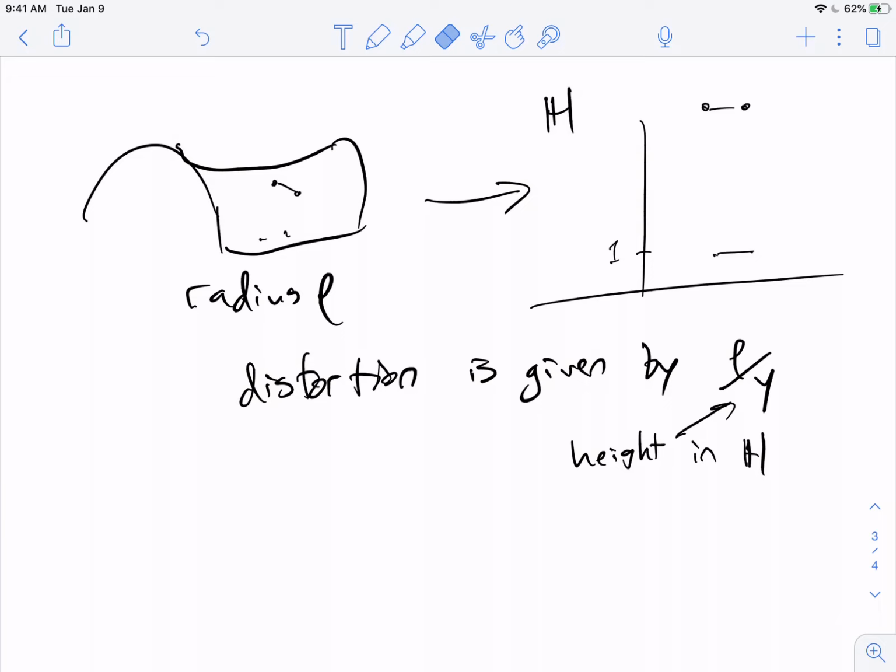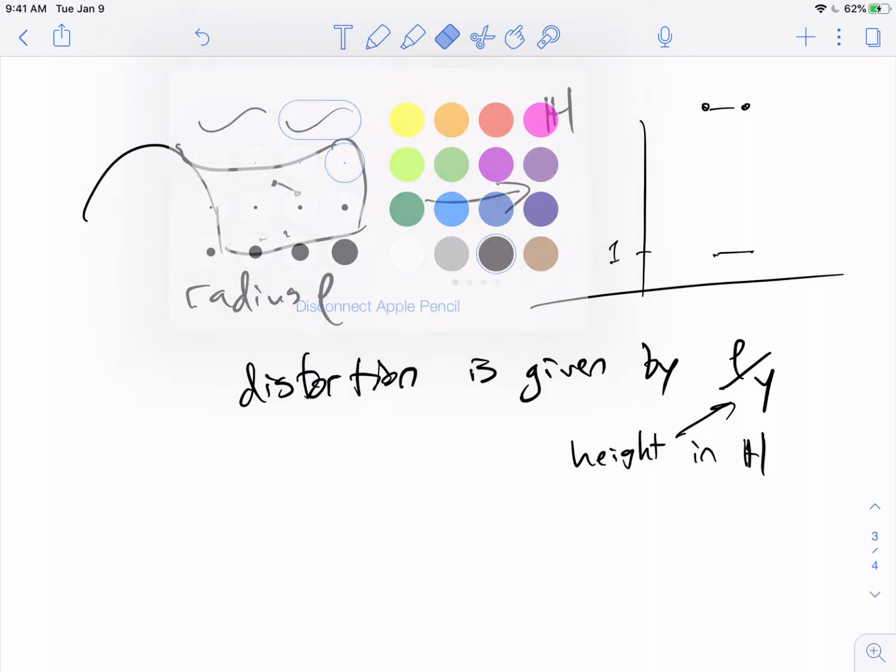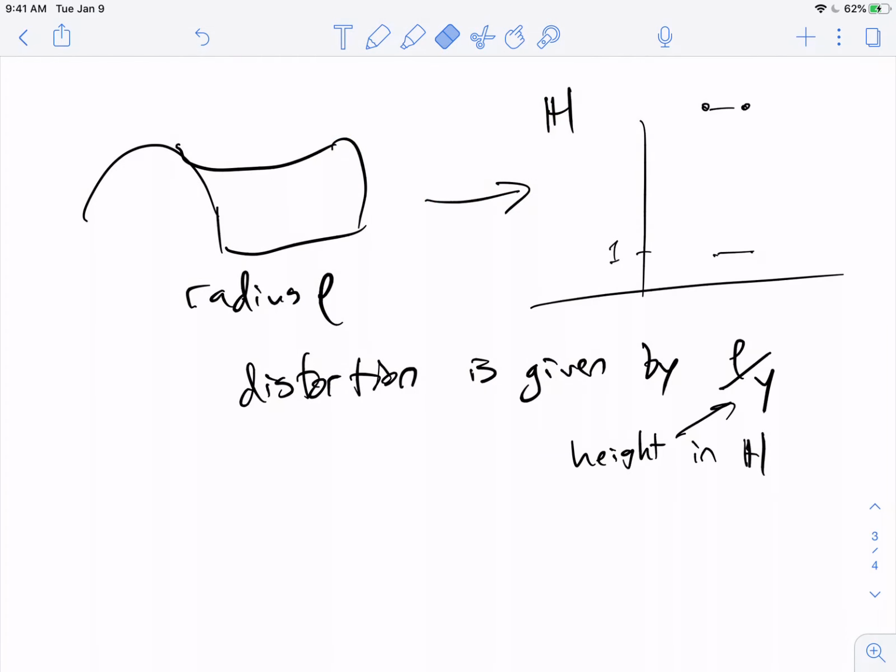So what do I mean when I say the distortion is given by rho over y? Let me explain a little more carefully. So let me clear off my hyperbolic plane.